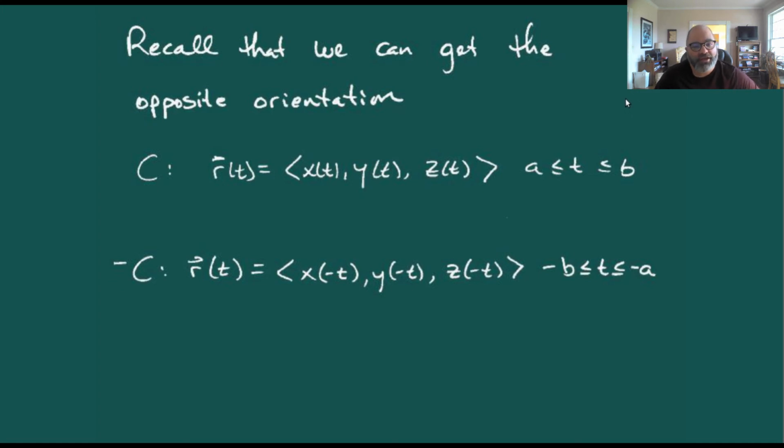Another thing that went along with these parameterizations is that remember we could get the opposite orientation. When we had a parameterization, it gave us a direction in which we were tracing out that curve.